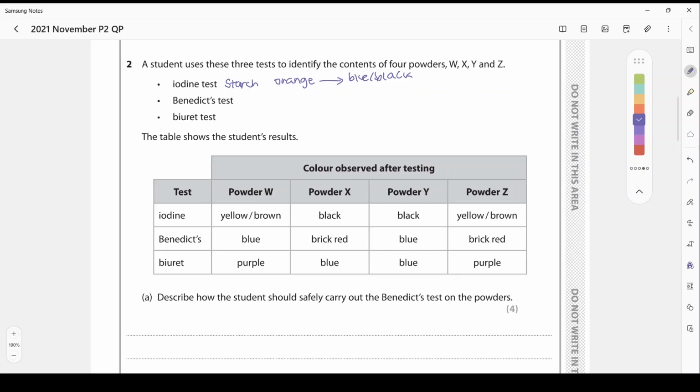For Benedict's test, that tests for sugars such as glucose, reducing sugars, I should say. So the original color is blue, and it'll turn red if there is a lot of reducing sugar.